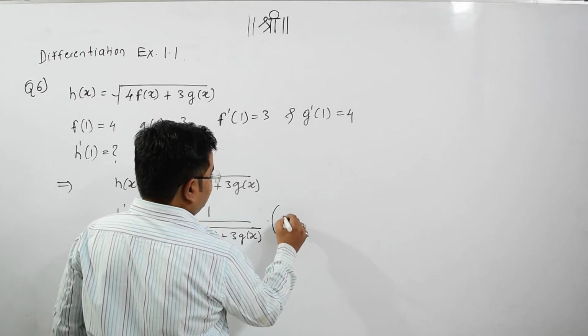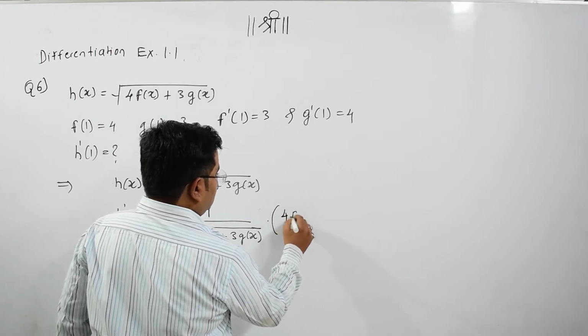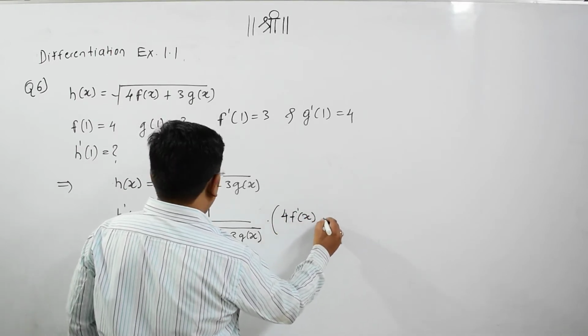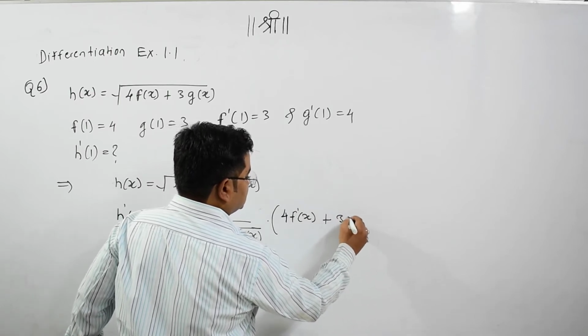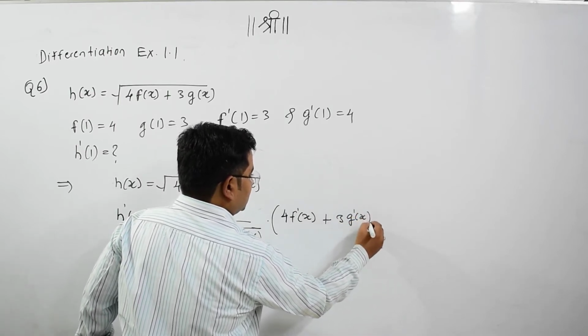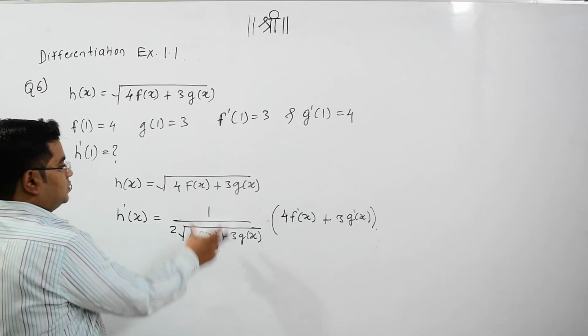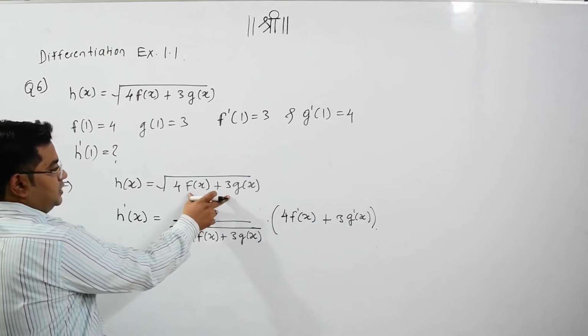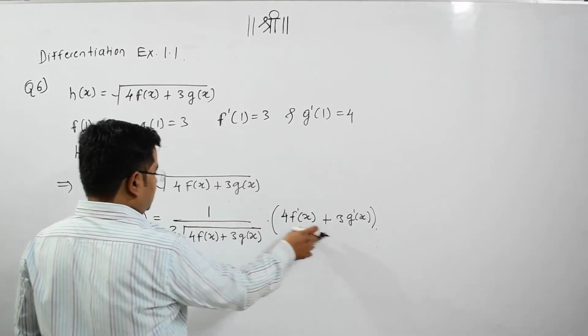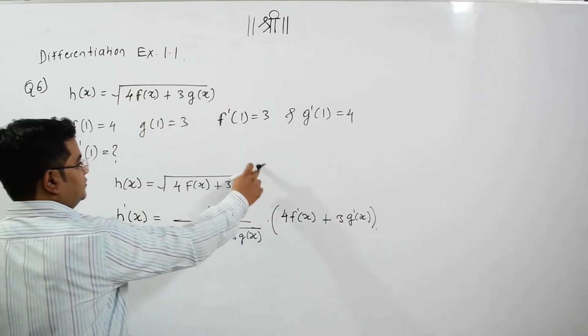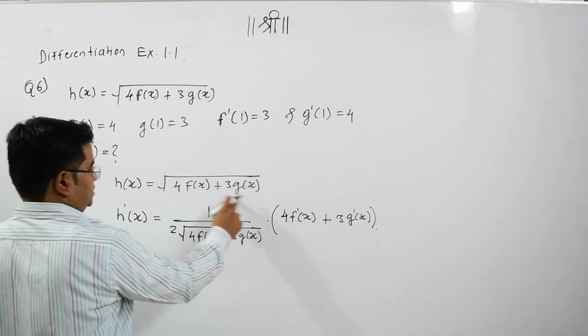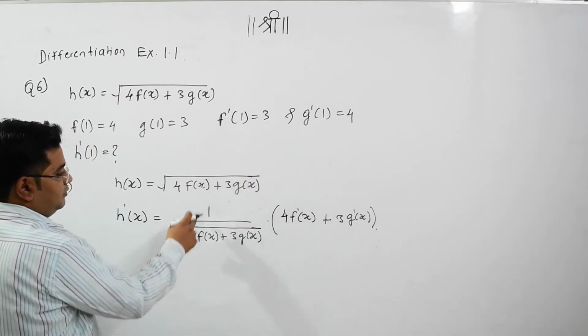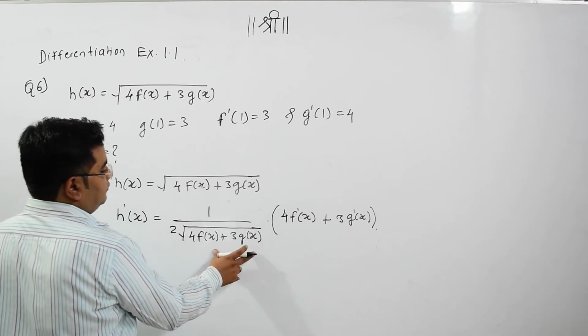So in bracket, 4 times f dash of x plus 3 times g dash of x. This whole function's derivative over here, and this initial function which was in under root of something, again their derivative will be 1 upon 2 into under root that function.